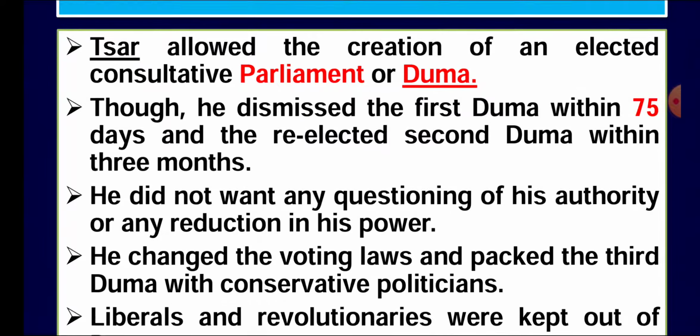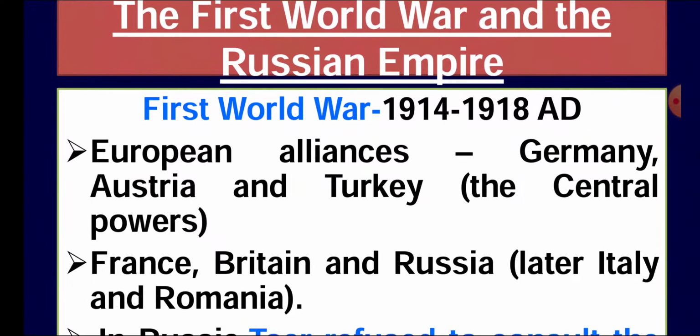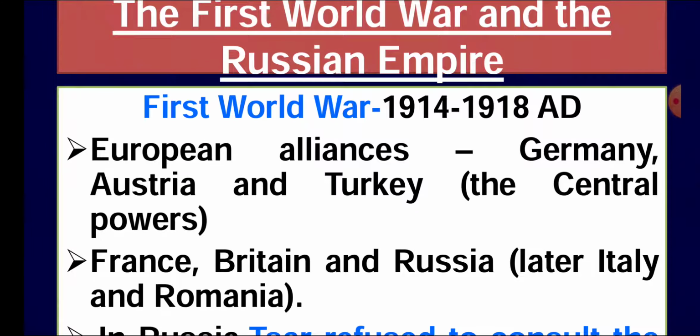Next we have the First World War and the Russian Empire. As you all know, in 1914 the First World War began. I will not go deep into this, but let me tell you that the First World War incident took place in 1914 when one student of Serbia killed the Austrian prince.